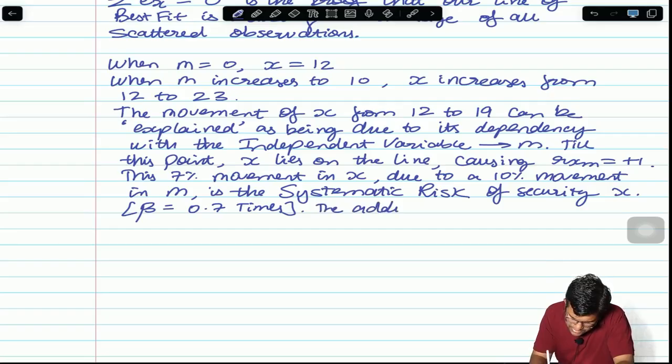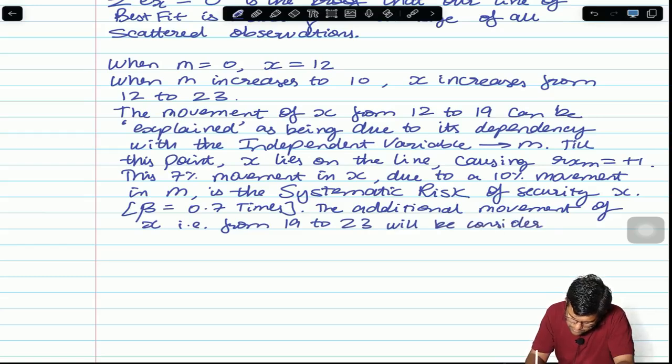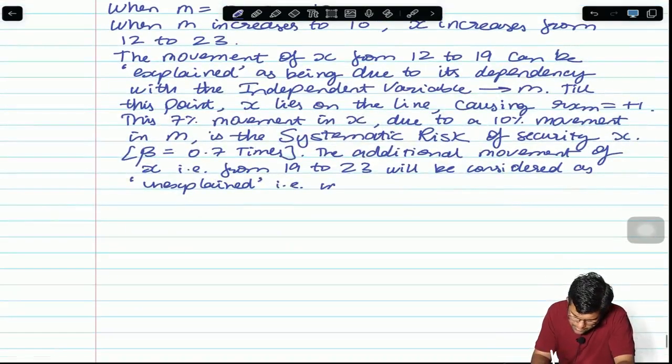The additional movement of X, that is from 19 to 23, will be considered as unexplained, that is, independent of market.